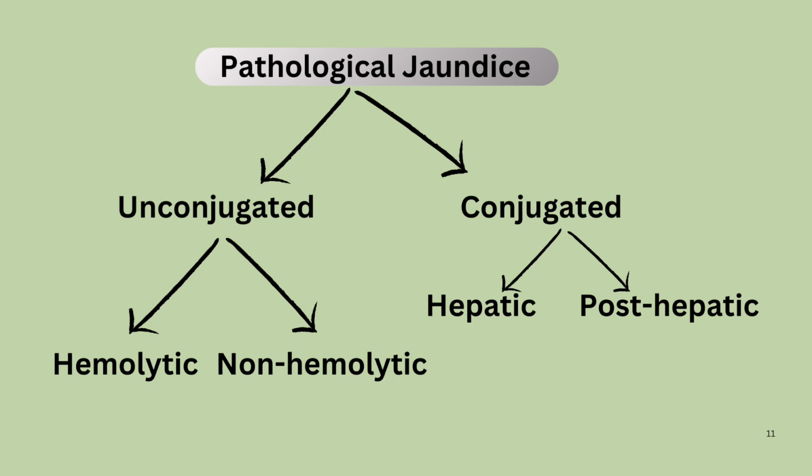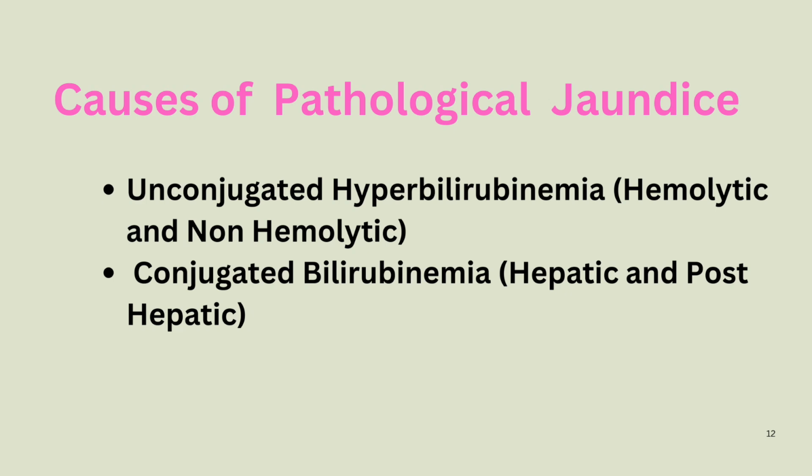Conjugated hyperbilirubinemia occurs due to hepatic and post-hepatic causes. Later, we will discuss them. First one, unconjugated hyperbilirubinemia, in that hemolytic and non-hemolytic causes.